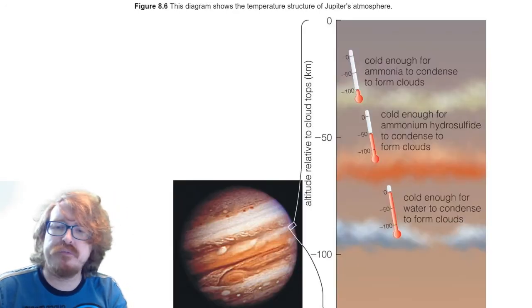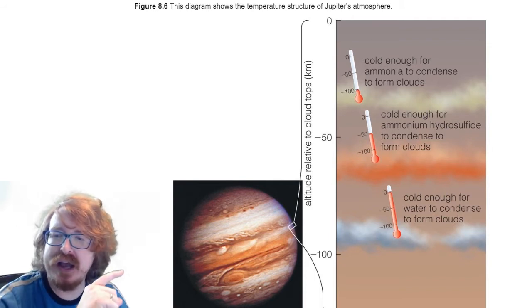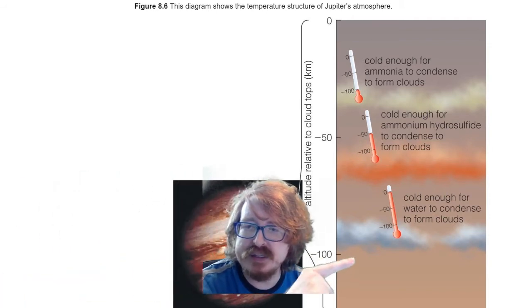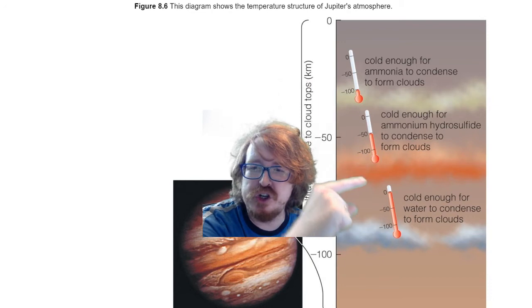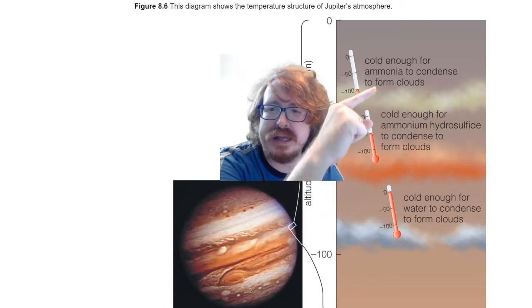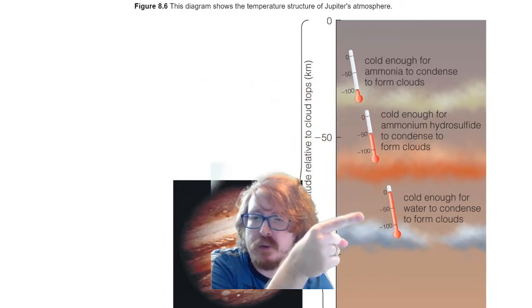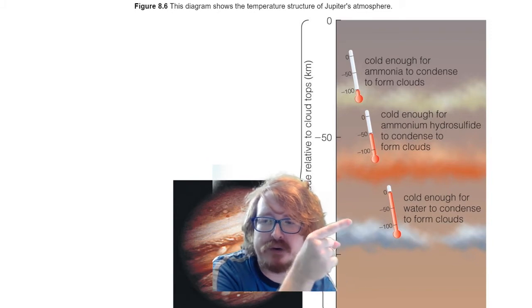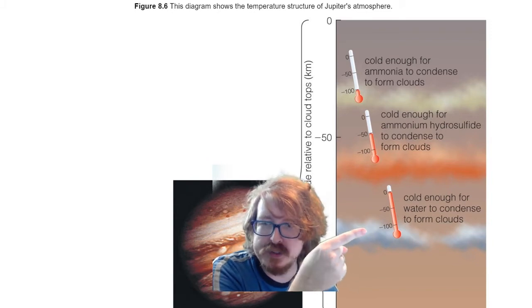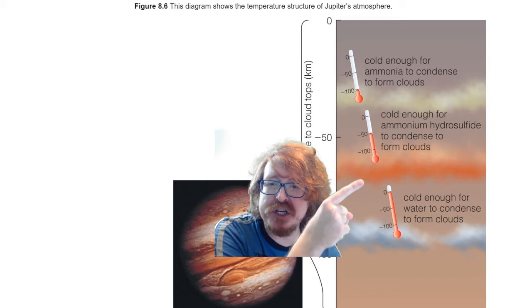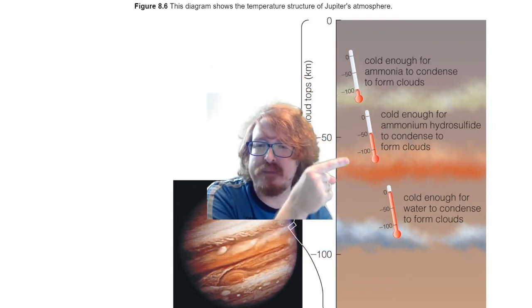If you look right here, what they're trying to show is the cloud layers of Jupiter, but the cloud layers on Saturn are the same thing, and the very bottom layer is water clouds. The other 2 cloud layers are different substances.